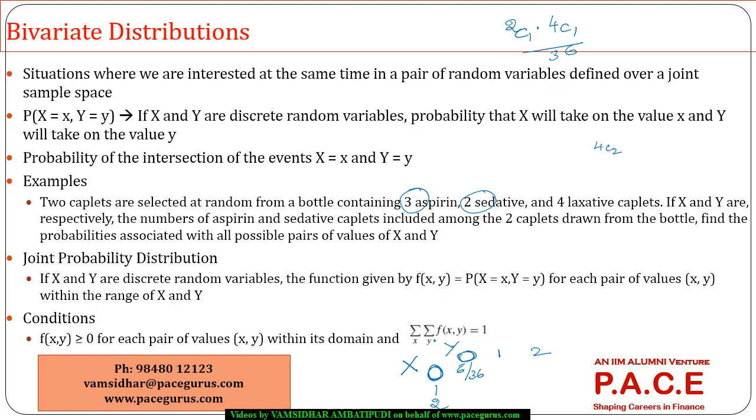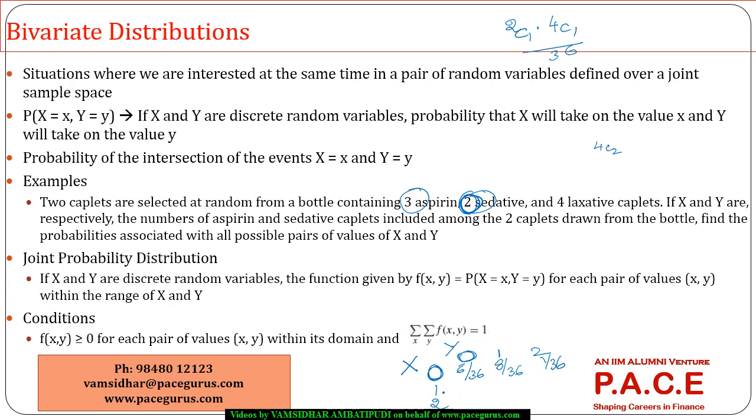We are talking about 0 aspirins and 1 sedative, which would work out as 8 by 36. Then 0 aspirins and 2 sedatives can be taken only in one way, so which will make it 1 by 36.